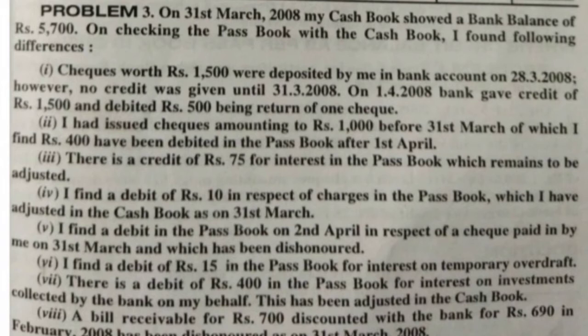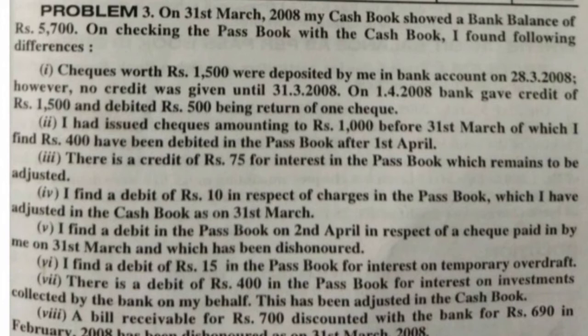That is, Bunty needs to pay the interest every month according to the rates of interest. So 15 is debited in the passbook. Therefore, the passbook is showing the reduced balance. The same amount of 15 should be reduced from the cash book. Okay. So the next one.